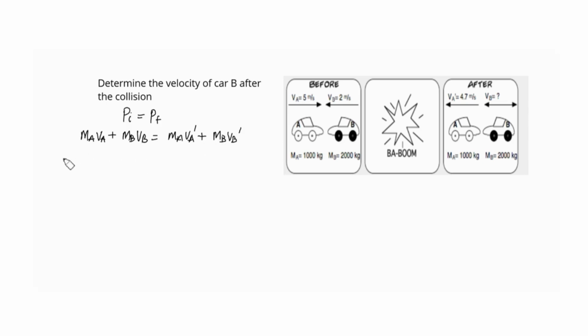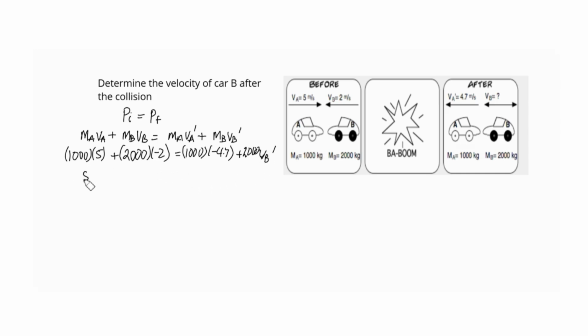And so in this case we have 1000 times 5 plus 2000 times -2, and that's the key part to make sure we pay attention to, is equal to mA, which is 1000, and he's coming backwards, so it's negative 4.7, plus mB vB prime. mB, of course, we know to be 2000, so it's 2000 vB prime.